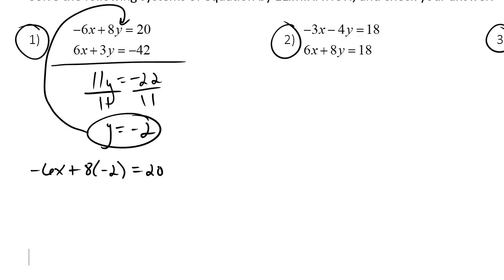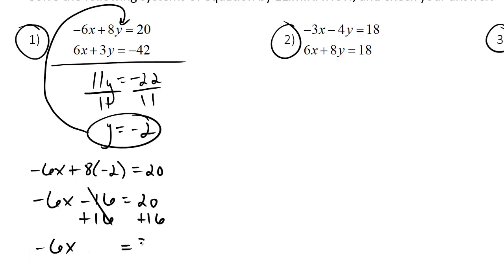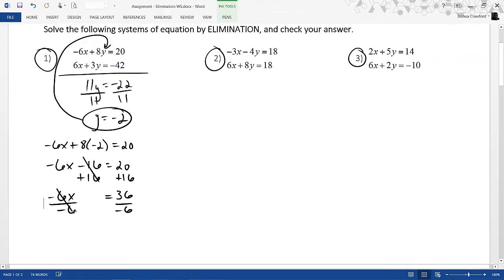Now, 8 times -2 is -16, so -6x minus 16 equals 20. To get x by itself, we add 16 to both sides. We'll get -6x equals 36, and then divide by -6, and we'll get x equals -6, and there's your solution.